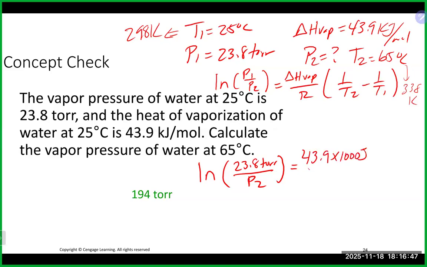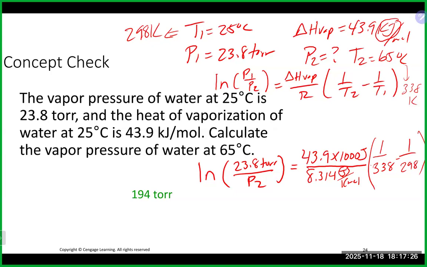And the reason I'm multiplying it by 1,000 is it will turn it into joules in this case. And the reason I'm doing that is my R value is actually in joules. So if you don't convert one to joules or kilojoules, you're going to be off by a factor of 1,000. So since my R value is in joules, my energy value here is in kilojoules. I'm going to multiply that by 1,000 just to get everybody in the right units. We go 1 over T2, which is 338, minus 1 over 298 there.